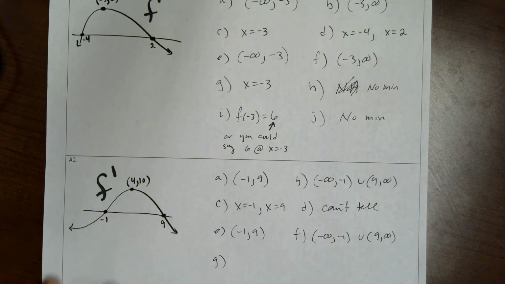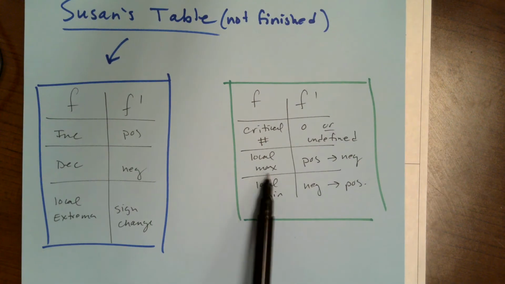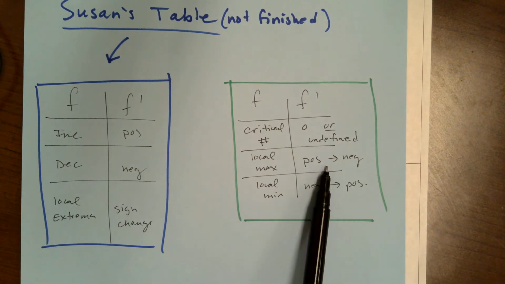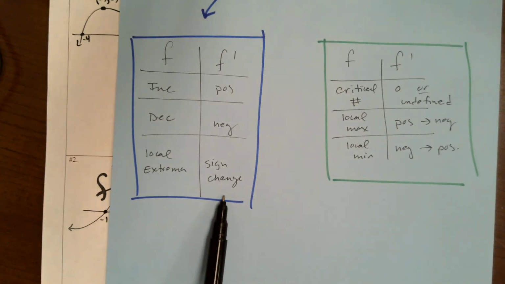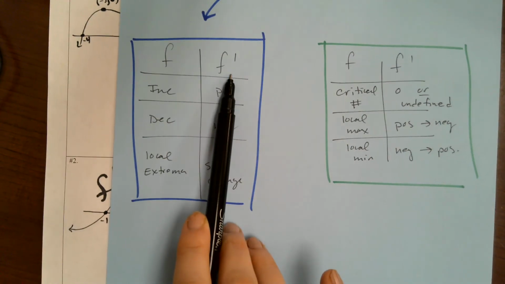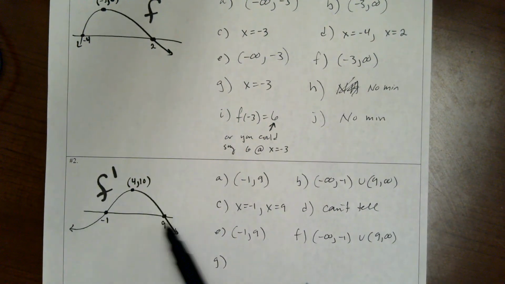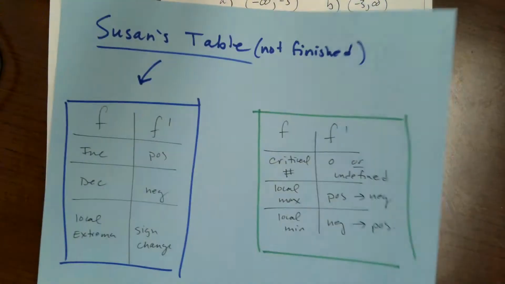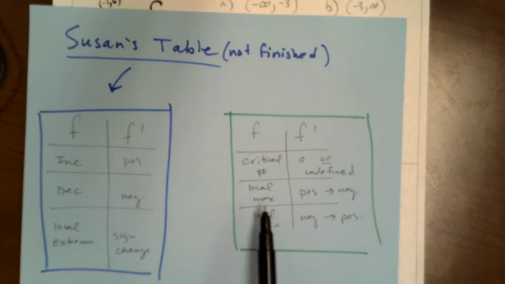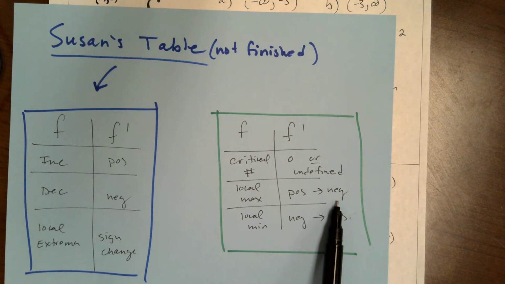G, F has a max at. Any extrema is going to correspond to a sign change, and that's going to happen where the graph of F prime crosses the x-axis. If you see F prime crossing the x-axis, that means it has a sign change. But it's the type of sign change that will tell us whether we're dealing with a max or a min. Right now they're asking for a max, so we're looking for a positive to negative sign change on F prime.